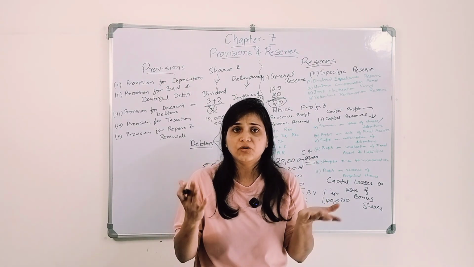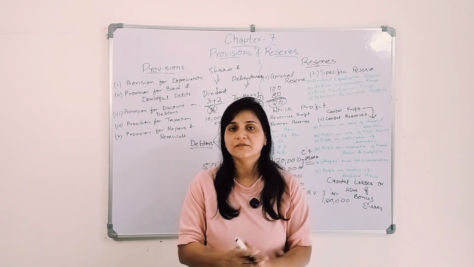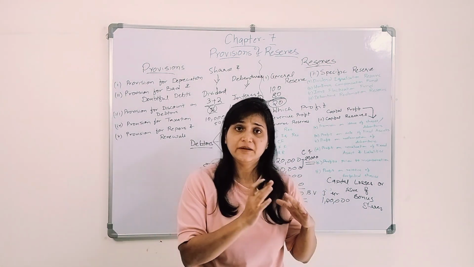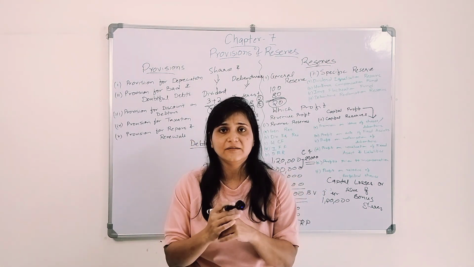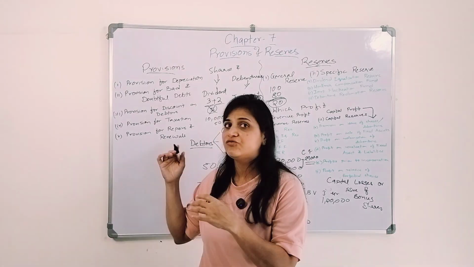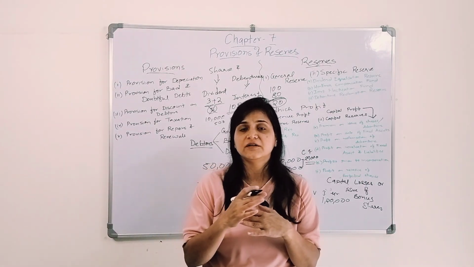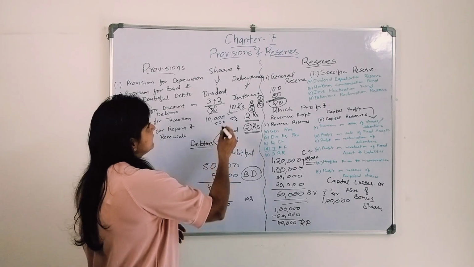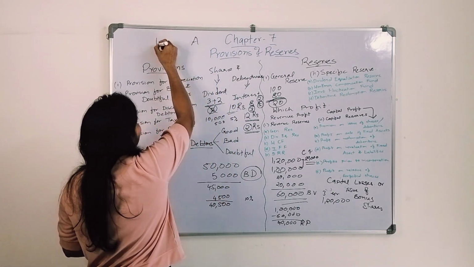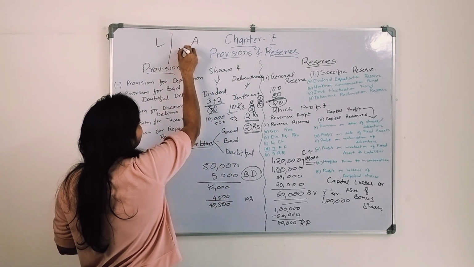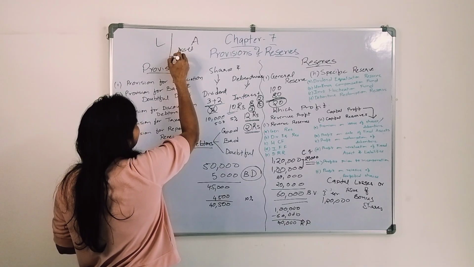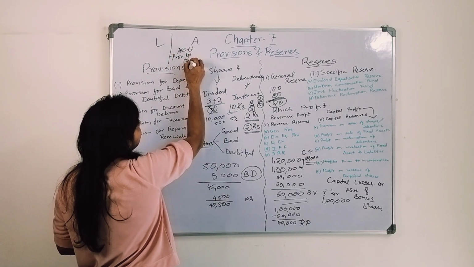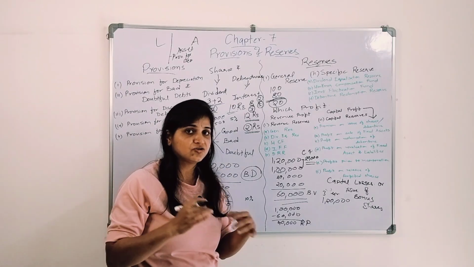Now, how and where to show it in the books? There are certain provisions, as we discussed previously, like provision for depreciation, provision for bad and doubtful debts, provision for discount on debtors. Where you need to keep it, there are two columns, assets and liabilities. For assets, as we discussed, we can reduce that amount. For provision for depreciation, we can show the assets at a reduced amount.